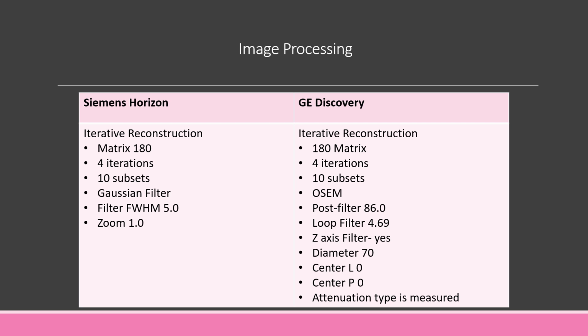The post filter is 86, loop filter is 4.69, Z-axis filter is yes, diameter 70, center the L is 0, center the P is 0, and the attenuation type is measured.